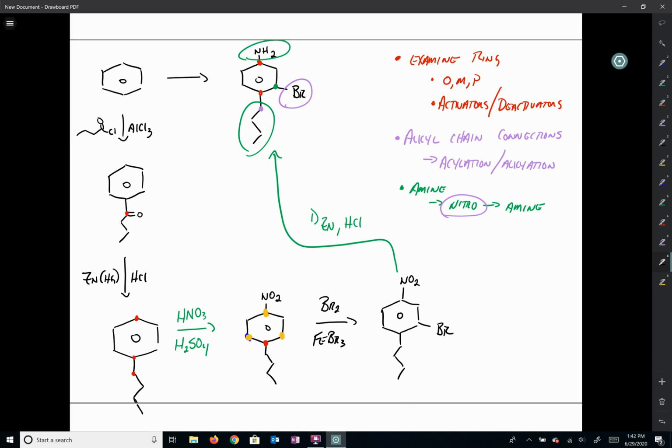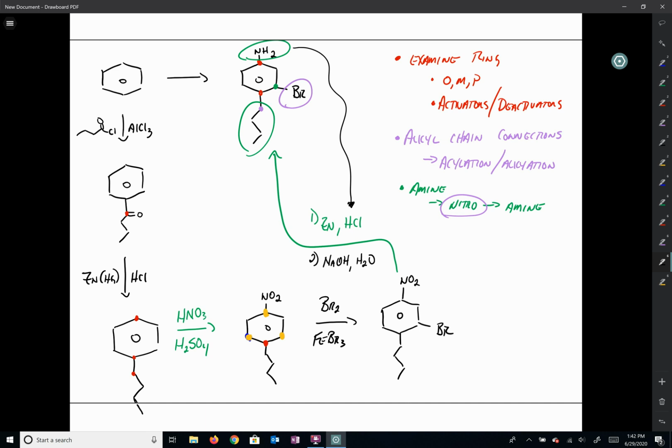If I just put zinc and HCl in there, I will reduce my nitro to an amine, but we're under acidic conditions. So what do amines do under acidic conditions? Well, they remain protonated because they are bases. So we always see this finished up with some kind of aqueous hydroxide workup, and that'll take us to the amine that we want. This is an aqueous workup, and we're good to go now.